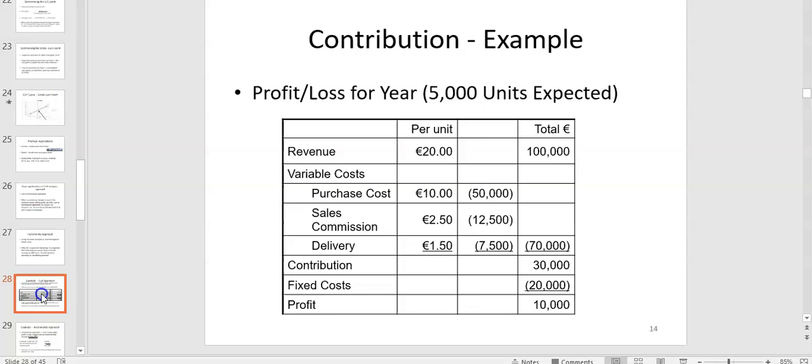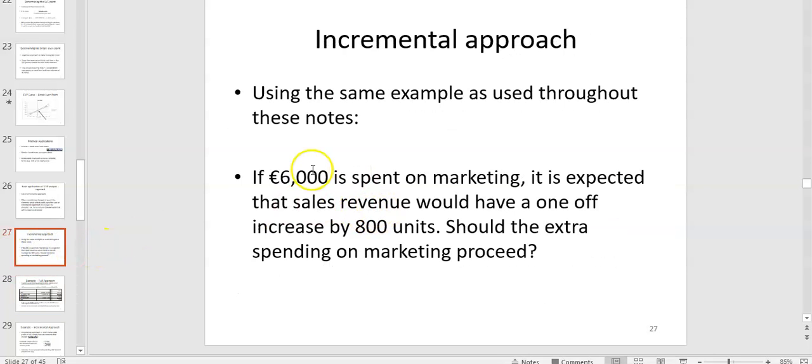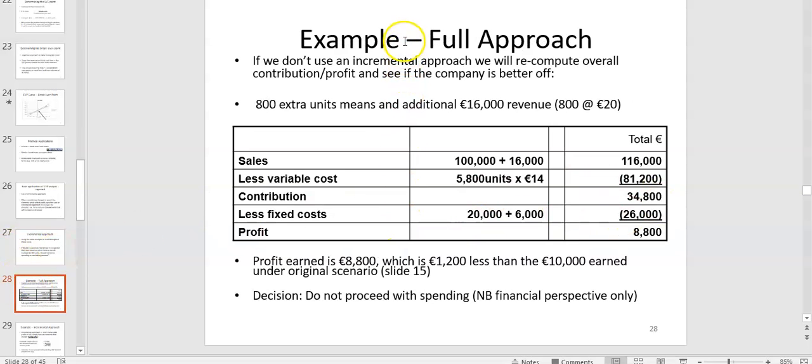So we're now going to sell 5,800 units at €20, which is 116,000. You have 5,800 units at €14, which is 81, but you now have 26,000 fixed cost, because remember the marketing cost is a fixed expense. So if we restate the whole profit and loss account, it gets us to 88.